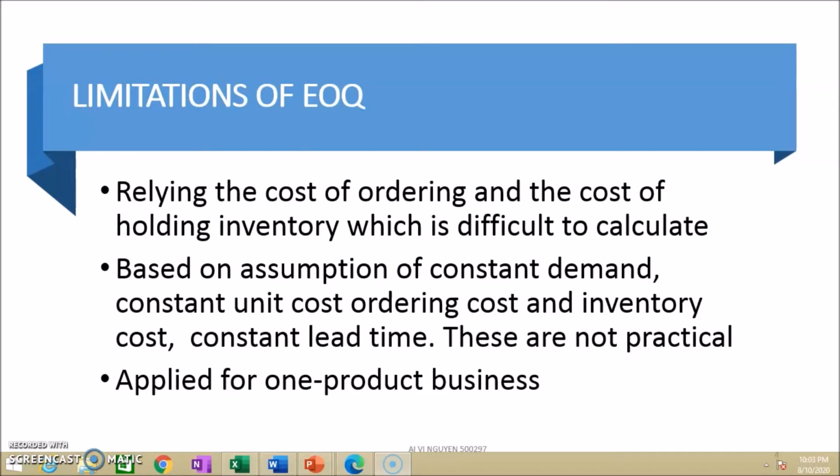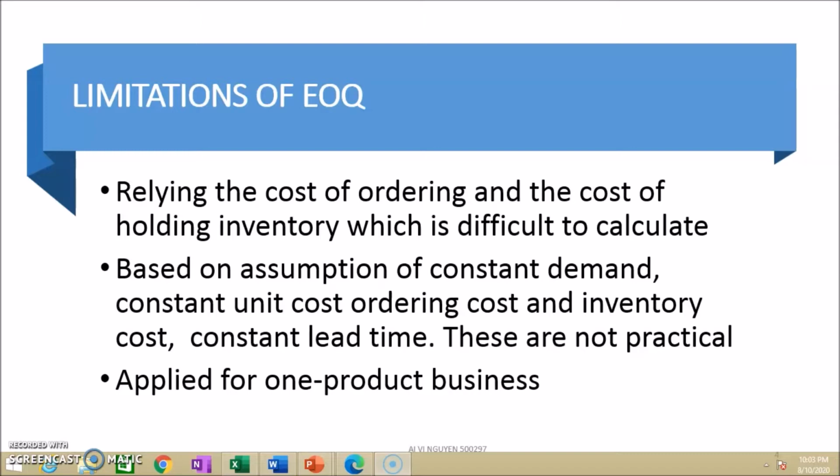Like constant demand, constant unit cost, or constant lead time. For example, demand can change due to a number of factors like economic fluctuations or seasonal demand. Unit cost can be changed by special offer or discount.